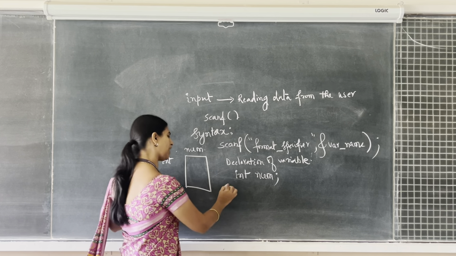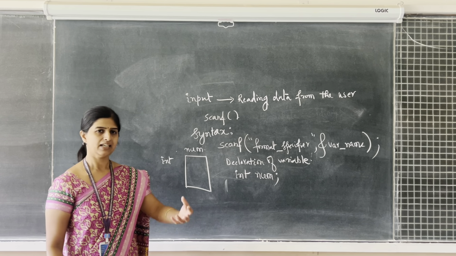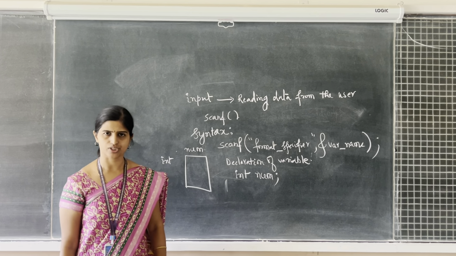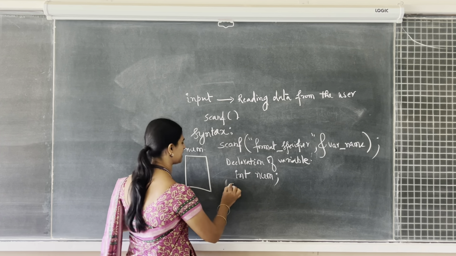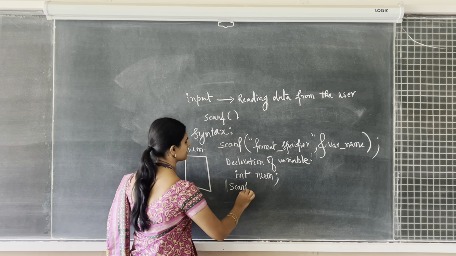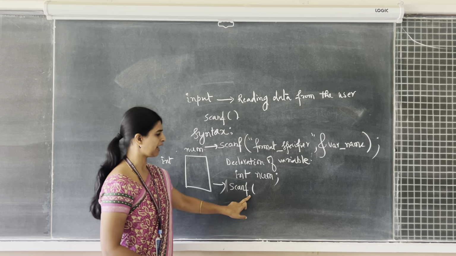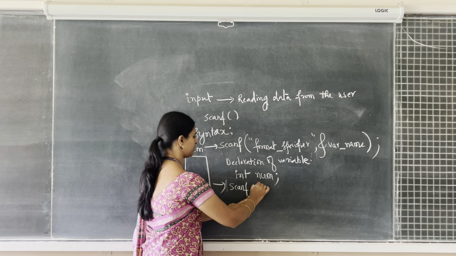After that you ask the user to enter the value of the number. For that printf is required, which I will be explaining in further discussion. Before that, how should I be reading it? That is scanf. Now please mark this statement and this statement. After writing scanf, I write the opening parenthesis, then put double quotes.